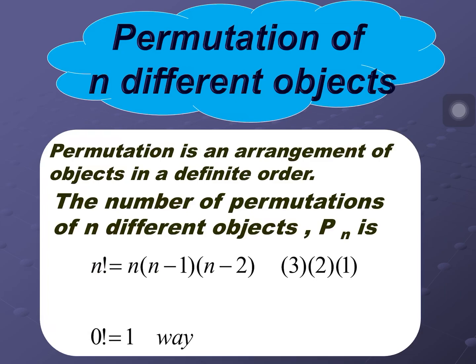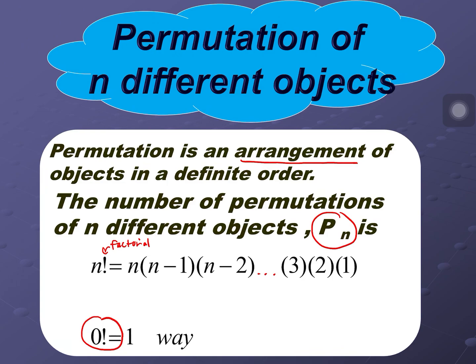Permutation of n different objects. Permutation is an arrangement of objects in a definite order. The number of permutations of n different objects is n factorial, which equals n times n minus 1 times n minus 2, and continue until finally you get times 3 times 2 times 1.